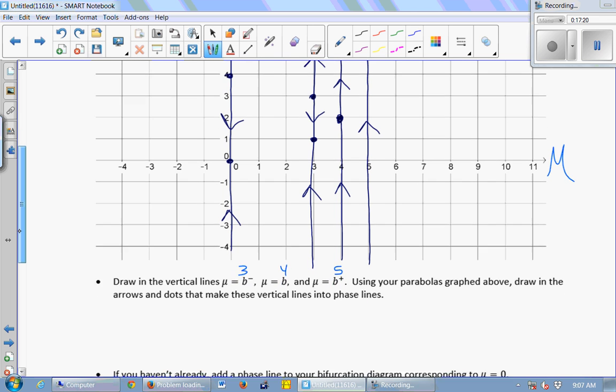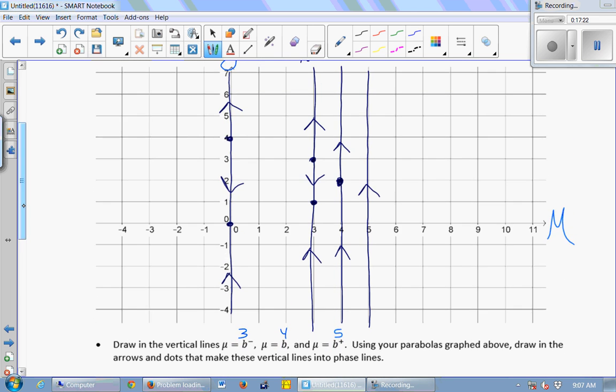Ignoring f sub 0, these three lines that we drew here are the only three qualitatively different phase lines we're ever going to draw. It's always going to be either two equilibrium points, positive, negative, positive, or only one equilibrium point, and then the rest will have none.